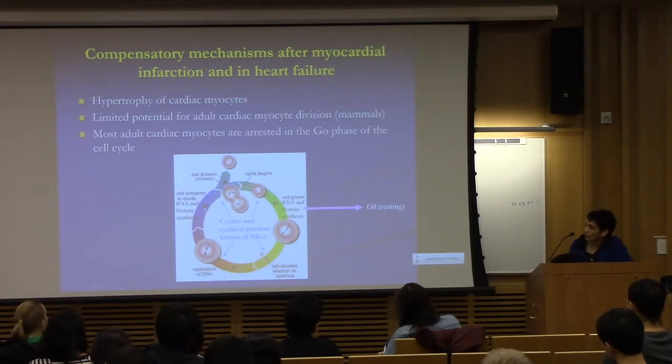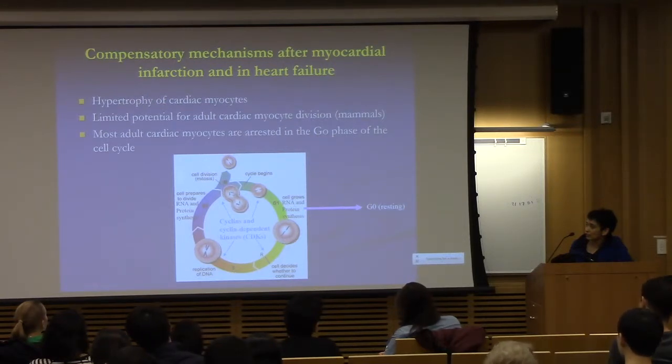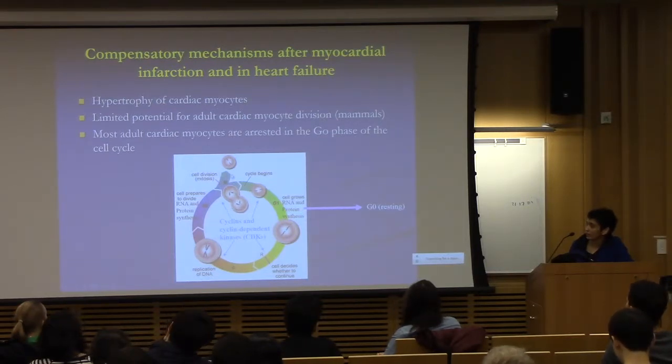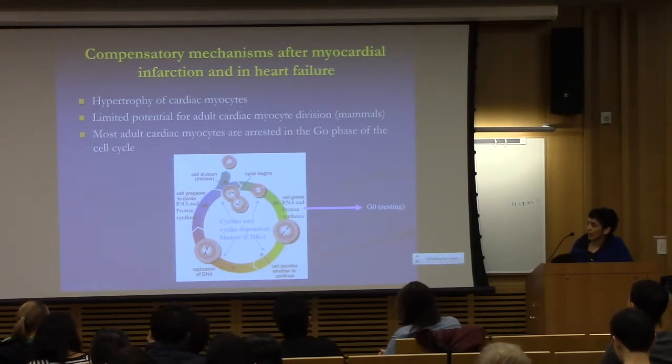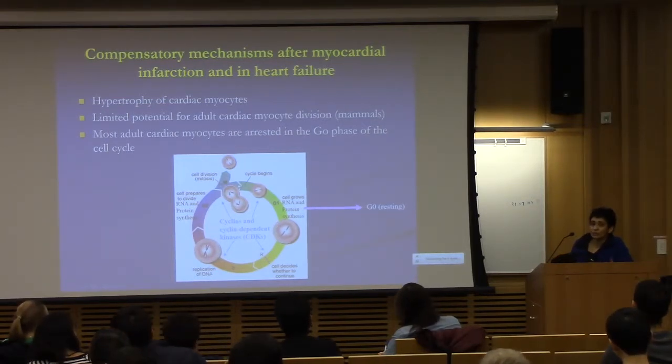The next phase is the G2 phase, where the cell prepares to divide by RNA and protein synthesis, and mitosis is where there is segregation of chromosomes into two daughter cells and then they separate, and then the cell cycle begins again.